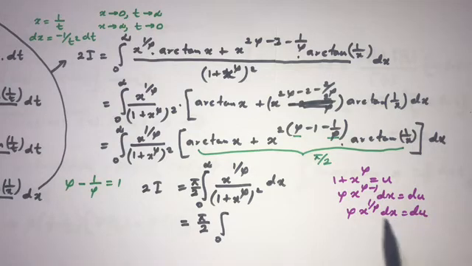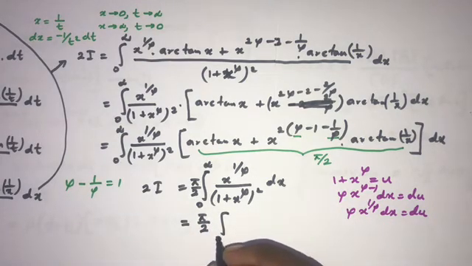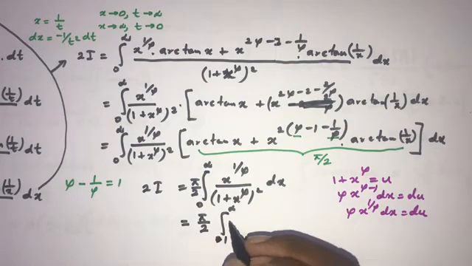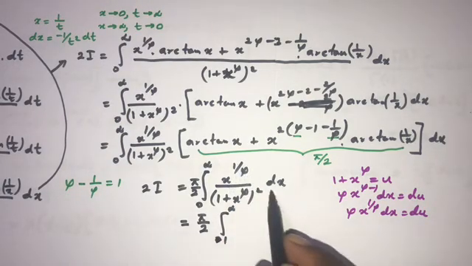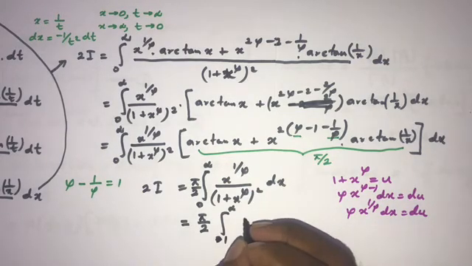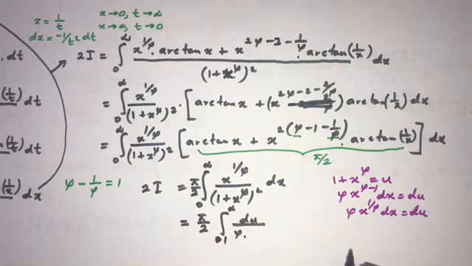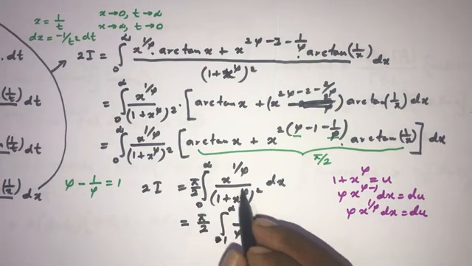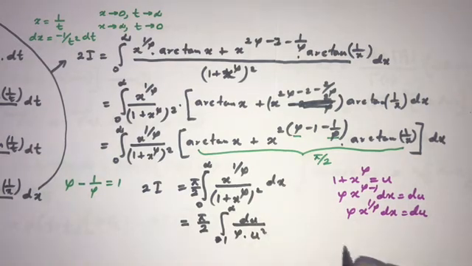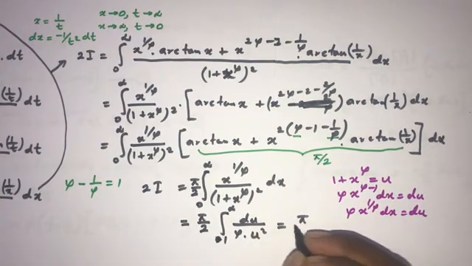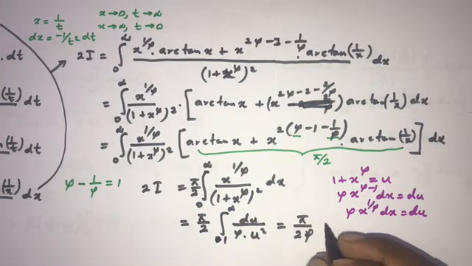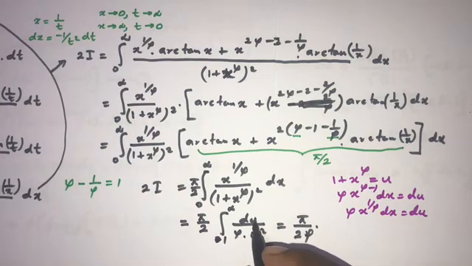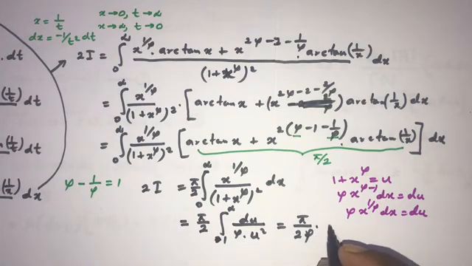Now for the limits, when x approaches 0, u is 1, and when x approaches infinity, u is infinity, and x raised to the 1 over φ dx is du over φ times (1 plus x raised to the φ) squared, which is u squared. Okay, now this is equal to pi over 2 times 1 over φ times 1 over u squared, that is u to the minus 2, so if we integrate it, minus 1 over u, and if we plug in the limits, we have 0 minus (minus 1), so 1.